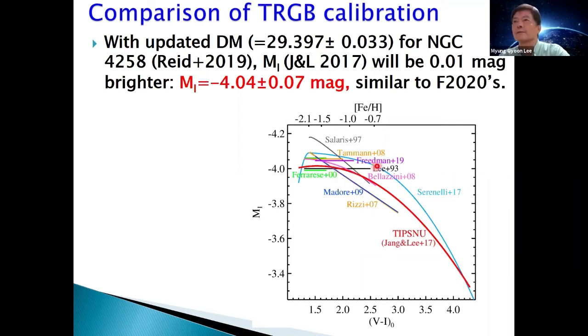And Freedman et al. 2020 is slightly higher. But within the errors, they are consistent. On the other hand, another calibration is given here, and those based on theoretical models are given there, etc. But anyway, they are very similar up here.